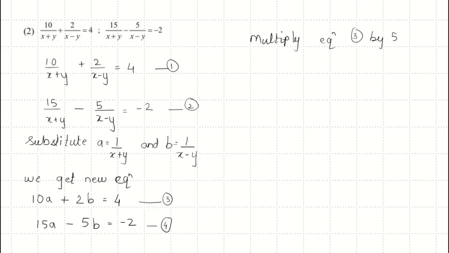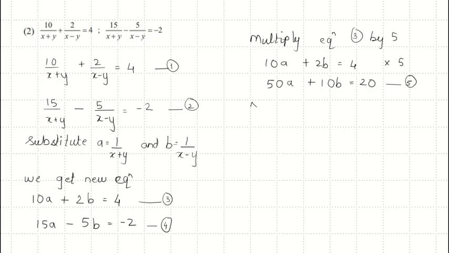So what is equation number 3? 10a plus 2b is equal to 4. When we multiply this equation by number 5, we will get 5 into 10 is 50a plus 5 into 2 is 10b is equal to 5 into 4 is 20. This we will mark as equation number 5.